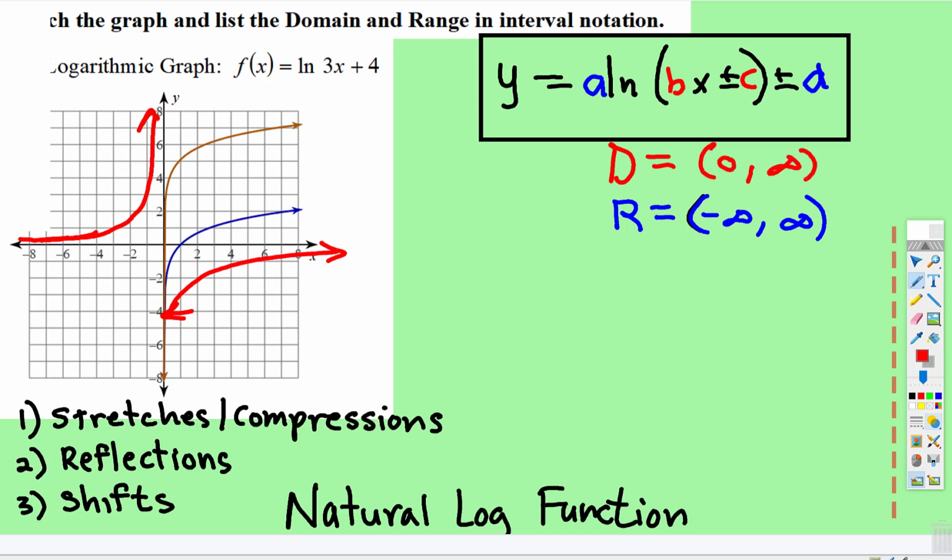And because we did not shift at all, we don't have to worry about that asymptote, because there was no horizontal shift, this is still going to be the domain. And the range, regardless of what happens, regardless of how you transform it, this will always be the range for the logarithmic graph.